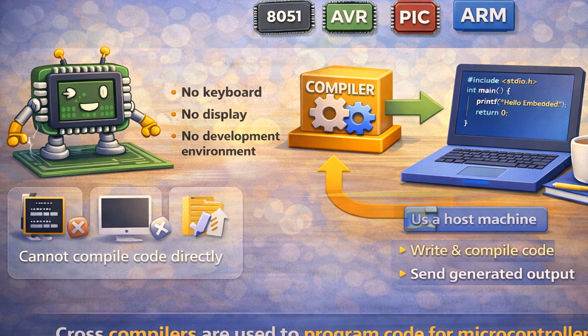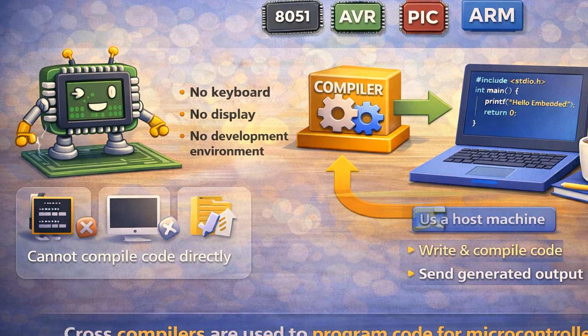Let's think about an embedded system like 8051, AVR, PIC, ARM microcontroller. Can you directly write and compile code inside those tiny microcontrollers like you do on a desktop PC? Usually, no. Why? Because most embedded systems do not have a full keyboard, a large display, a full operating system, full development tools, enough storage or interface for compiling like a PC.